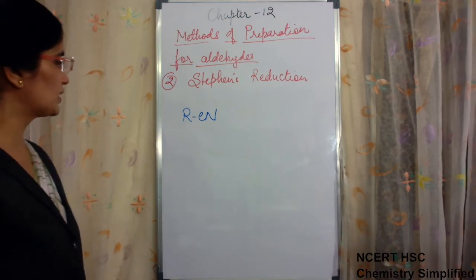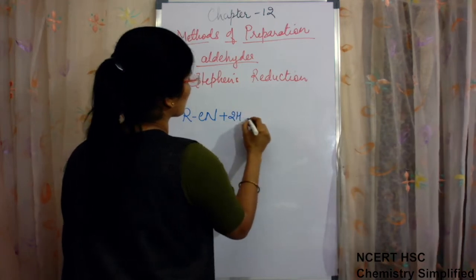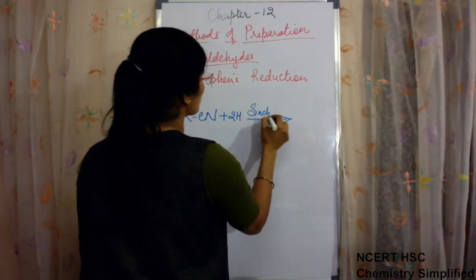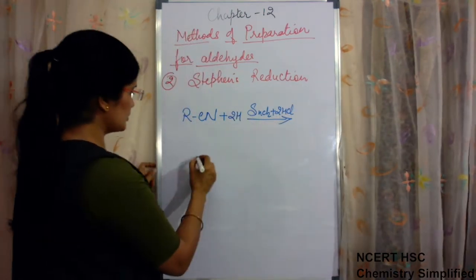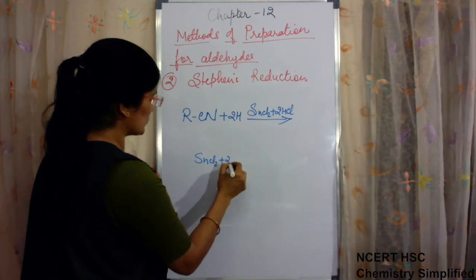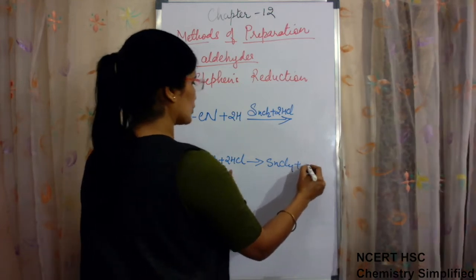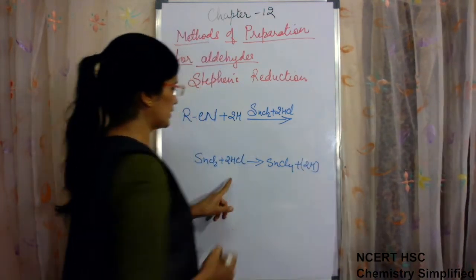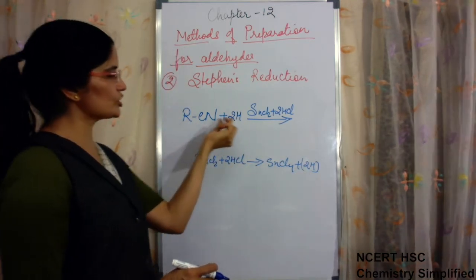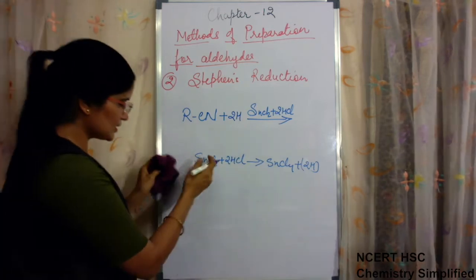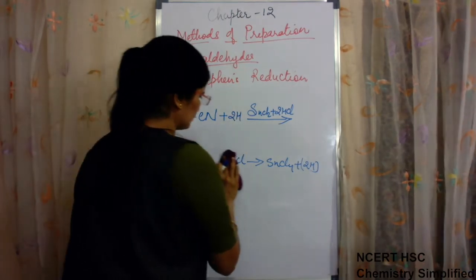Nitriles are used. These nitriles are reduced in presence of SnCl2 plus HCl. Actually this SnCl2 plus 2HCl reacts to form SnCl4 plus 2 hydrogens are released. Okay, so these 2 hydrogens react with nitriles to give you the product. This is not the main part of the reaction, just to understand how it generates the hydrogen.